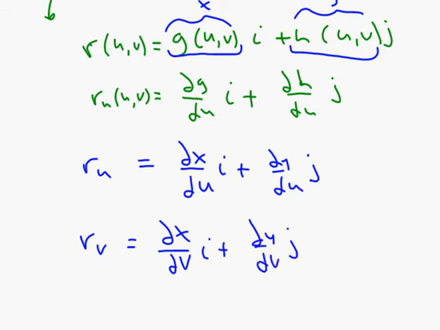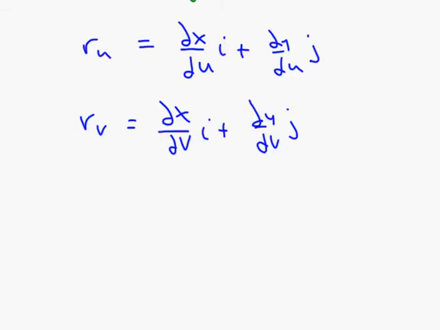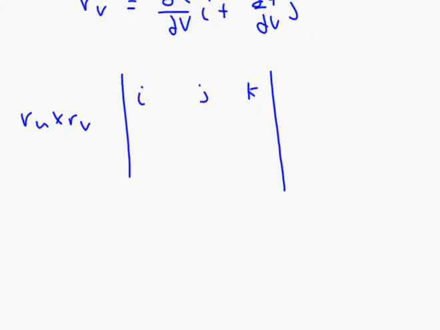All right, and once you have that, we can write the cross product. So remember, cross products we do with this special determinant. So Ru cross Rv is going to be i, j, k, and then you have in here Ru first: partial x partial u, partial y partial u, and 0.